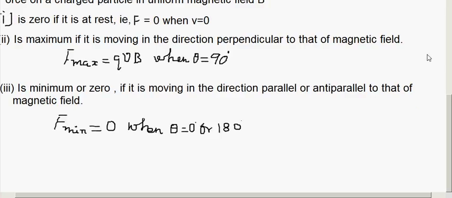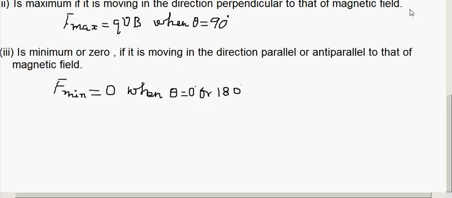Now I will tell you some more properties of these forces. Let us write the fourth one. This force cannot accelerate the charged particle. That means the force will not change the magnitude of v. It can only change the direction of the particle.